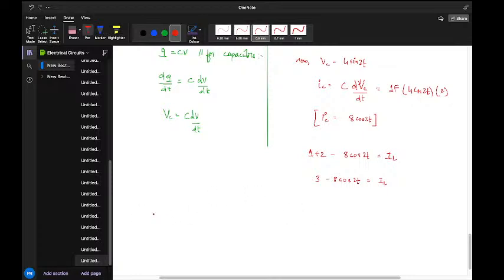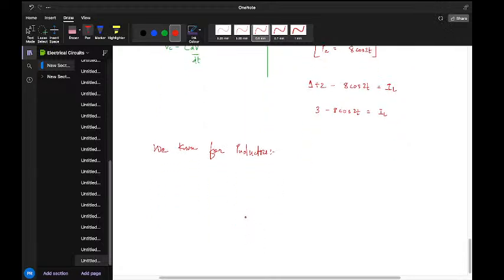So now we know for inductors, we have voltage across the inductor is L times di by dt.